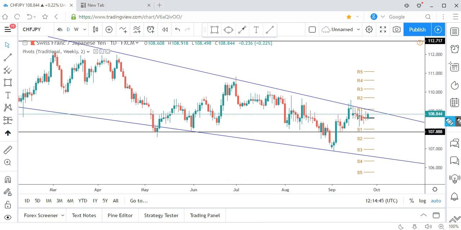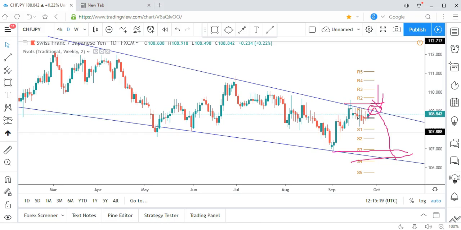So what we want price to do now is retest the R1 before the fall. Once price retests the R1 and we see more price rejection at the R1, that is when we are going to take our sell order, while we place our stop loss above the R1, and our final take profit will be at the S3, or S4 if you have the patience to wait till S4.